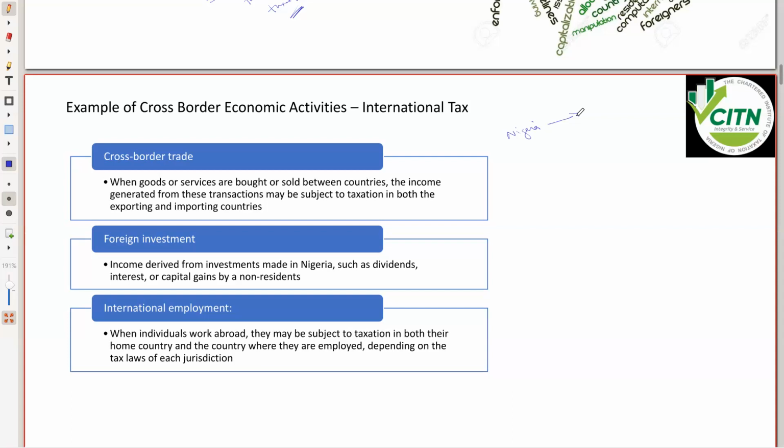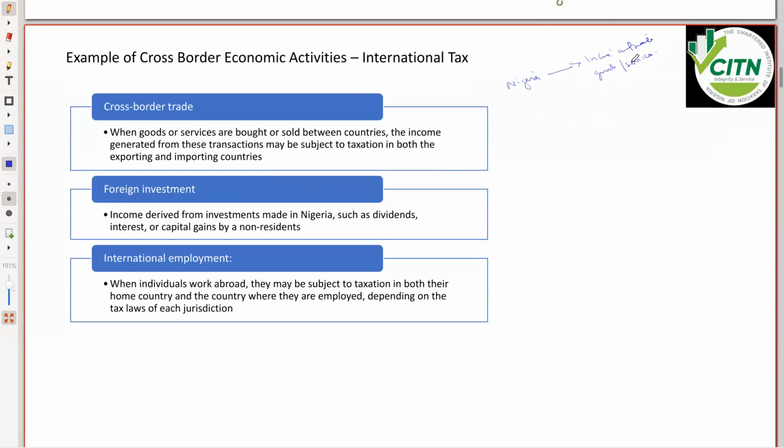You make money outside of Nigeria, either by selling goods or offering services. Some people do freelancing: they reside in Nigeria, but they offer services outside of Nigeria, so they earn income. That income you earn should be subject to taxation. On the other hand, you could be outside of Nigeria.